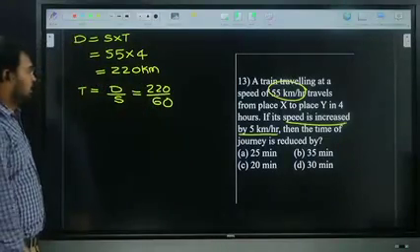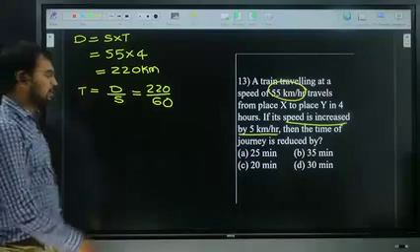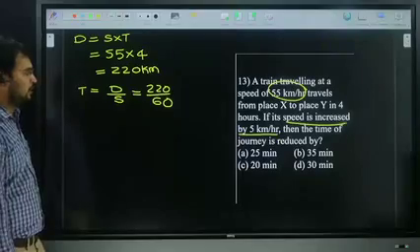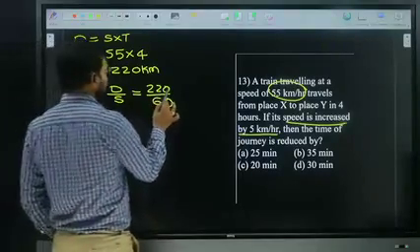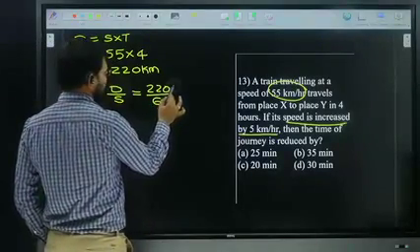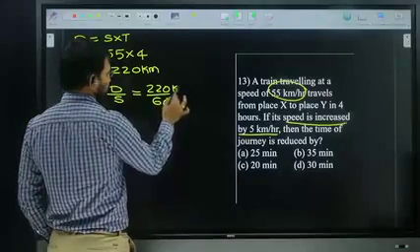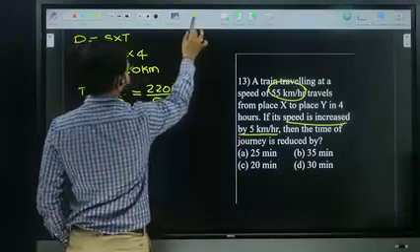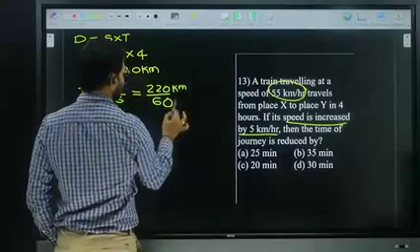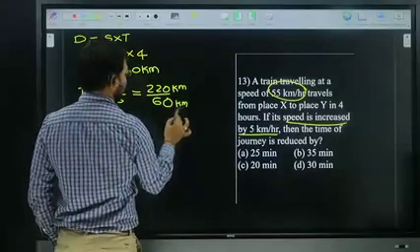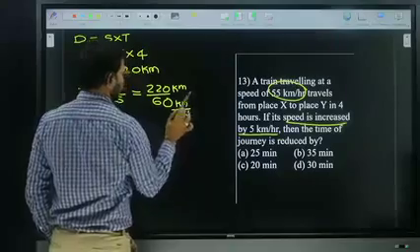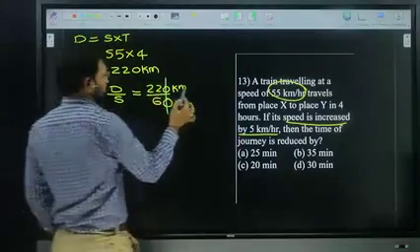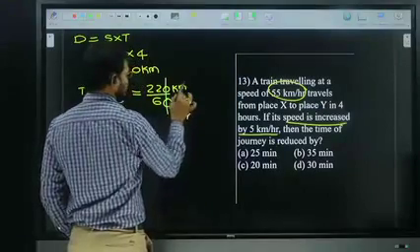All of you clear? They're asking in terms of minutes. This is in kilometers, this is kilometer per hour. 220 kilometers divided by 60 kilometer per hour. So the 0s get cancelled, and the kilometers get cancelled.